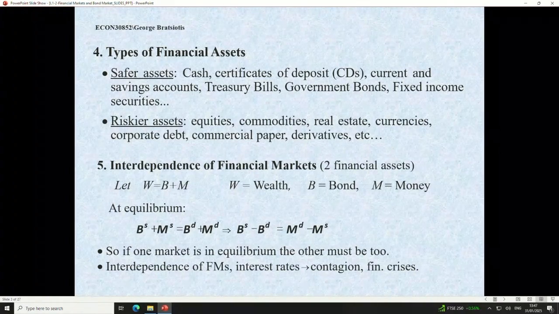Right, okay, so basically what we'll say now is that the easiest way to understand how central banks can affect the financial markets is that they rely on the interdependence of assets. What do I mean by that? Let's say that banks can only influence bonds and money, right?